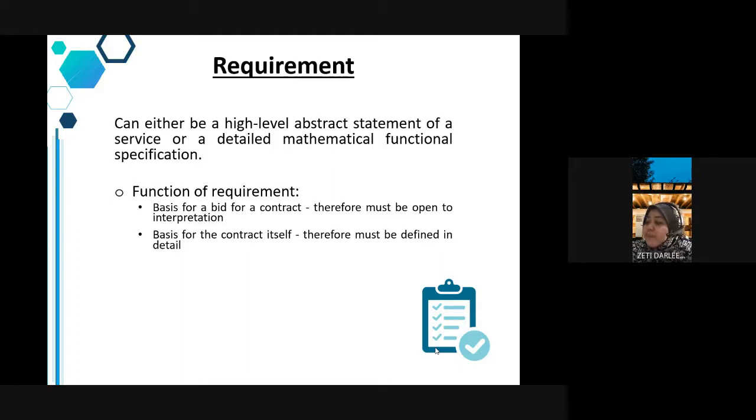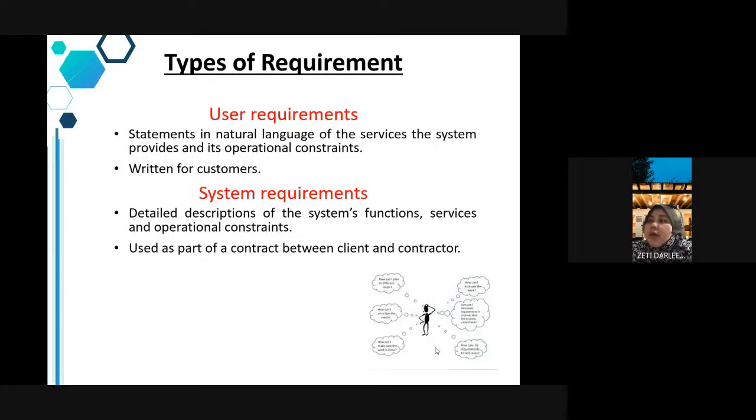Alright. So there are 2 types of requirements. Satu untuk user requirement, satu untuk system requirement. When we talk about user requirements and system requirements, it's basically a documentation report dalam bentuk written statement. Okay.